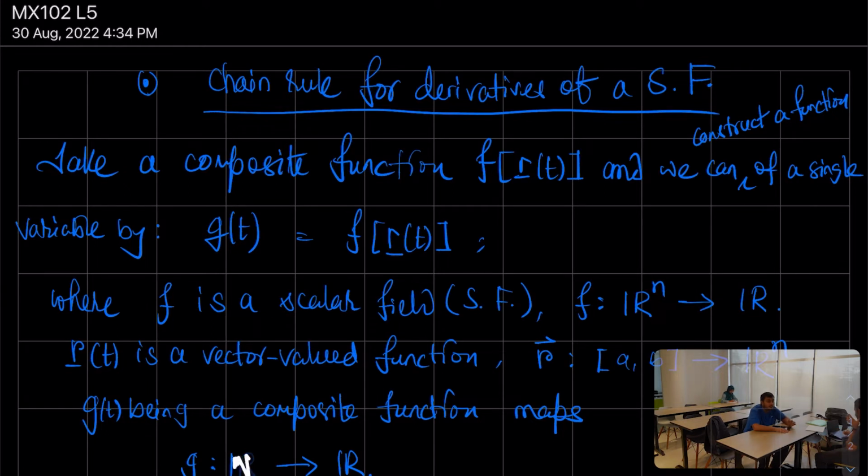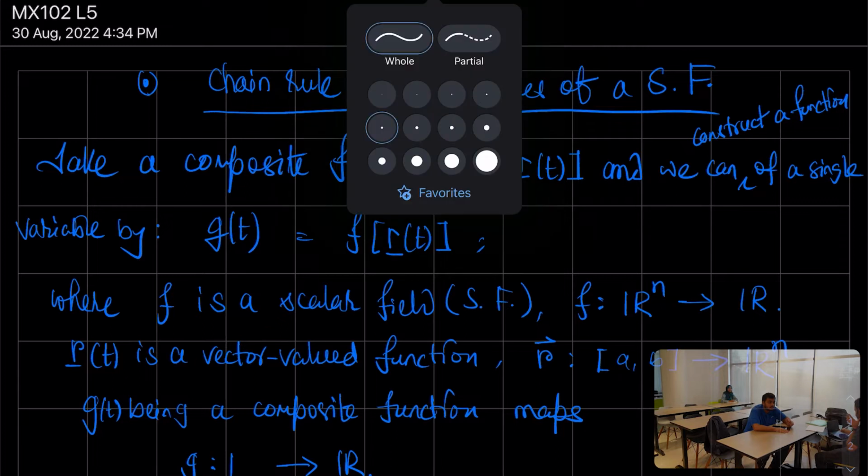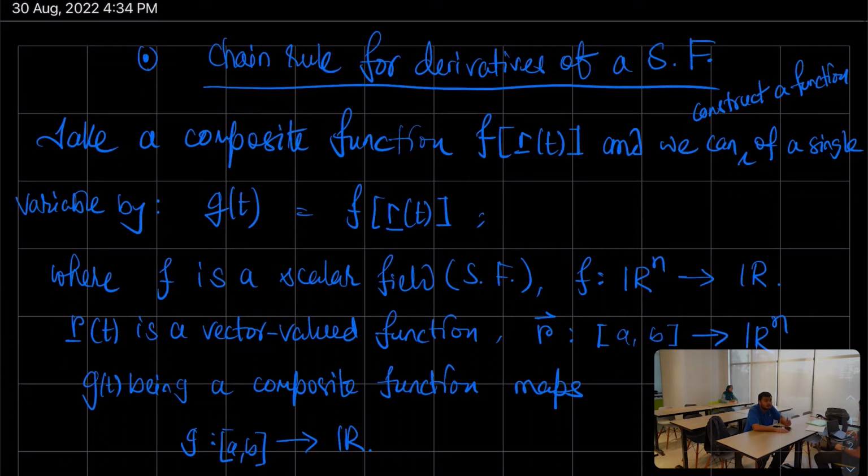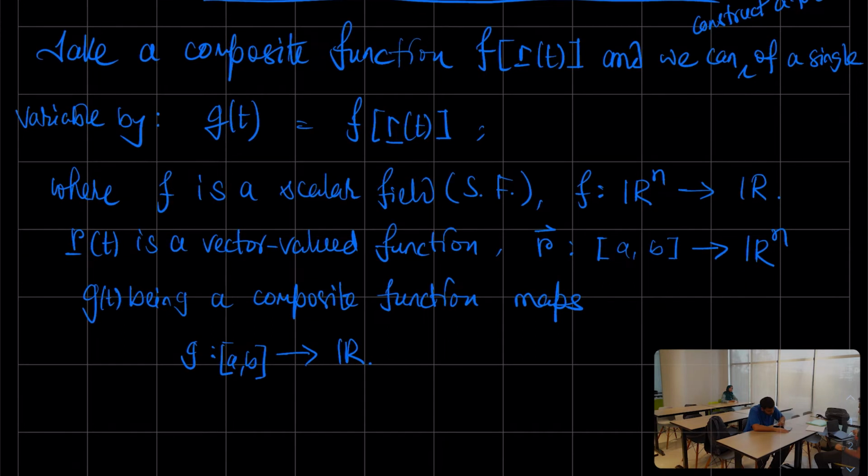I would say it's an interval. So if I denote this interval by J, then it will map J to R.